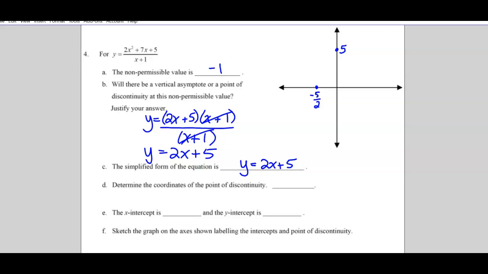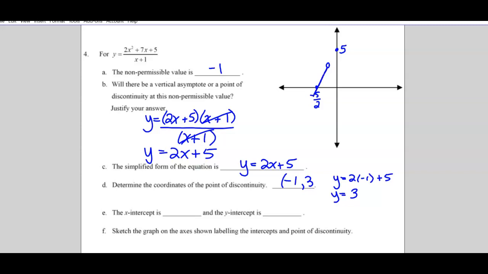Now we want to put in -1 for x. So that's going to be -2 plus 5, which is 3. So our point is going to be (-1, 3). So now -1 would be about there, so an open circle.